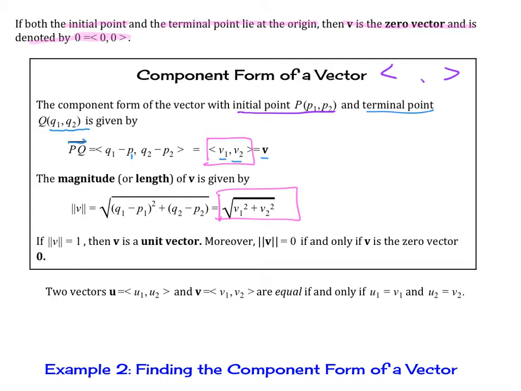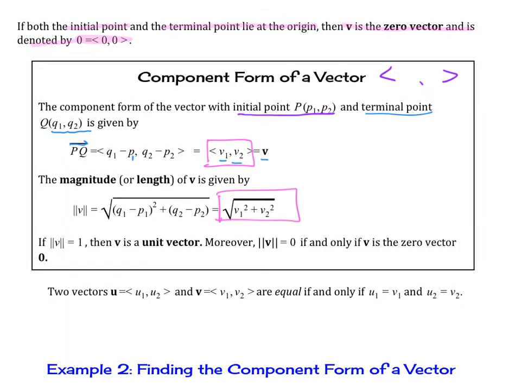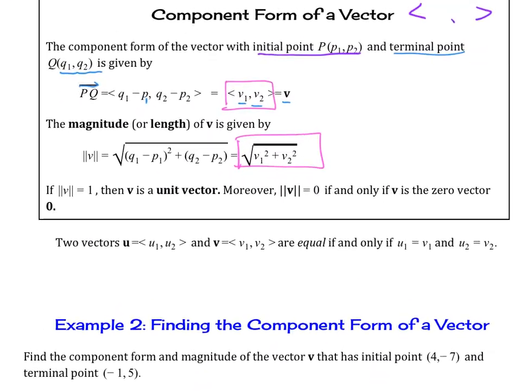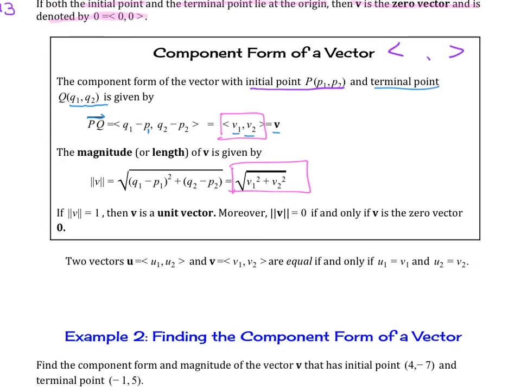When the magnitude is 1, then V is a unit vector. Moreover, the magnitude equals 0 if and only if V is the zero vector. Also, the two vectors U1, U2 and V1, V2 are equal only if U1 equals V1 and U2 equals V2, just as an FYI.